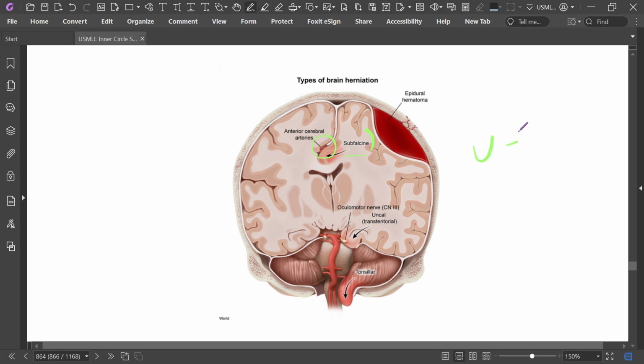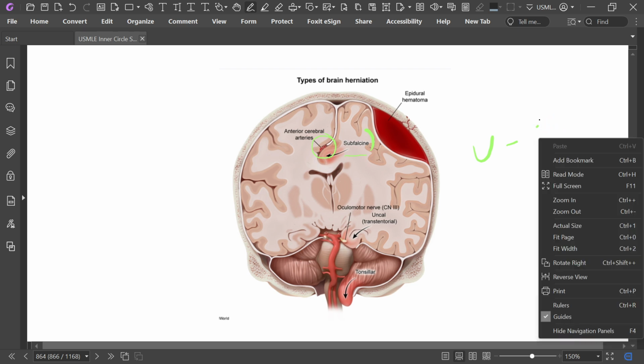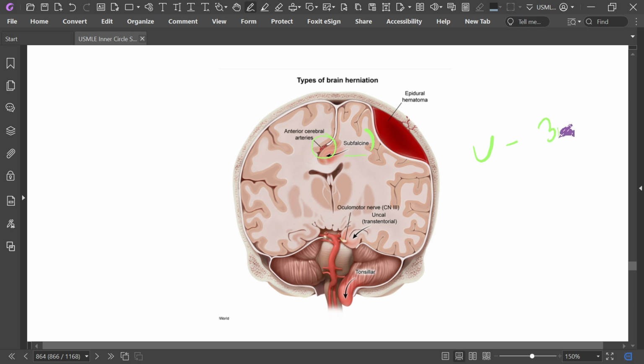In uncal herniation, there is third nerve, oculomotor nerve, compression. There is contralateral hemiparesis due to ipsilateral cerebral peduncle compression, and there may be ipsilateral hemiparesis due to contralateral cerebral peduncle compression. When it happens, it is called the Kernohan phenomenon.